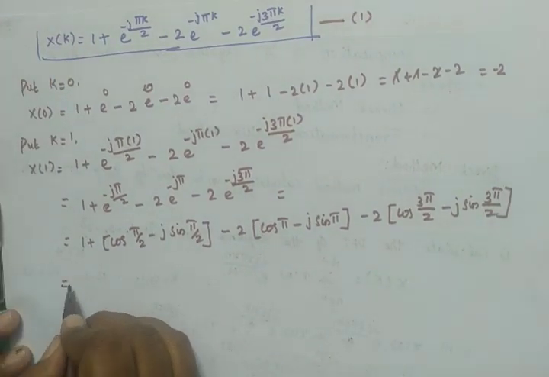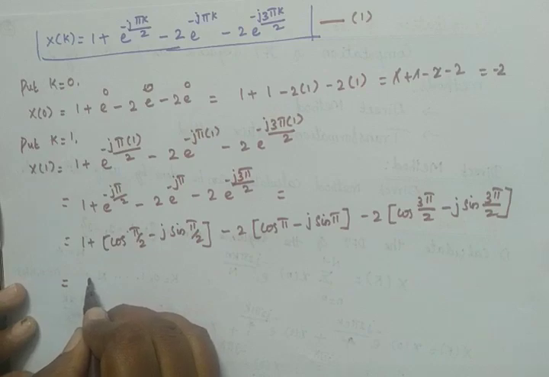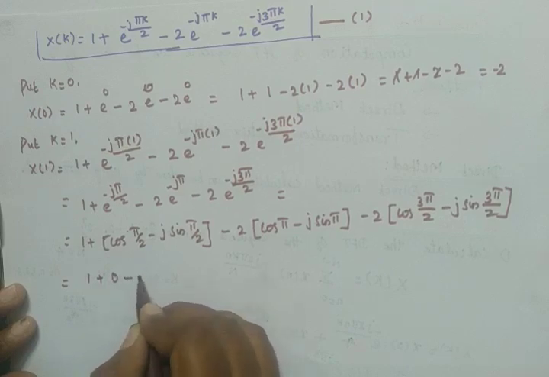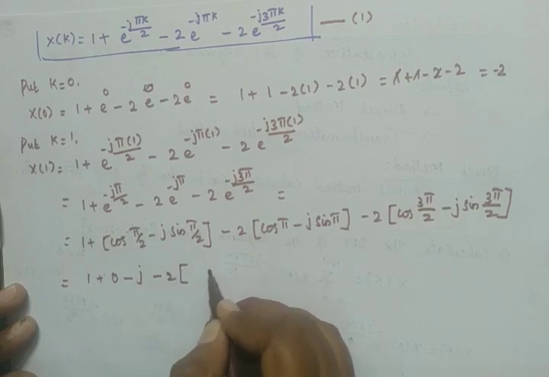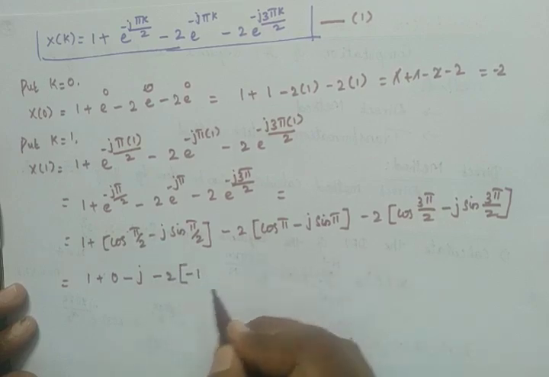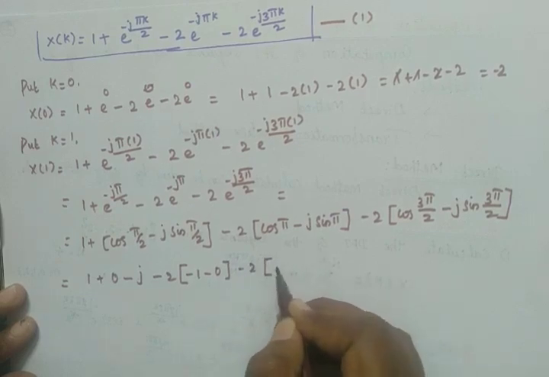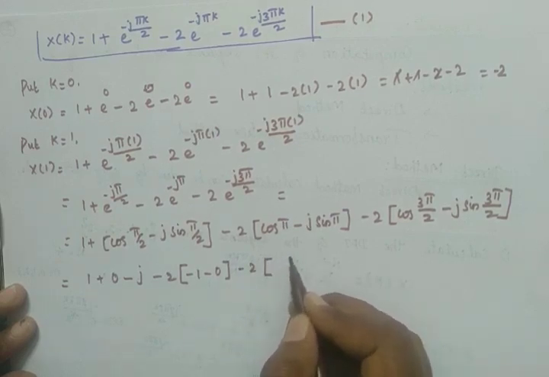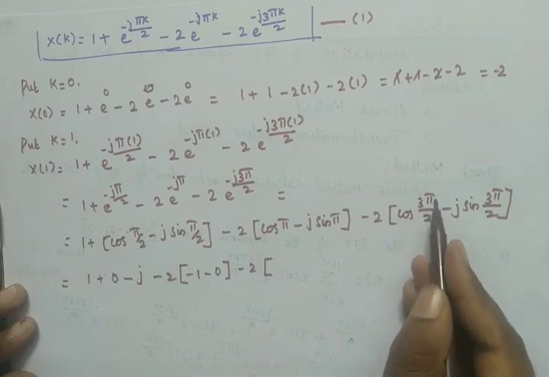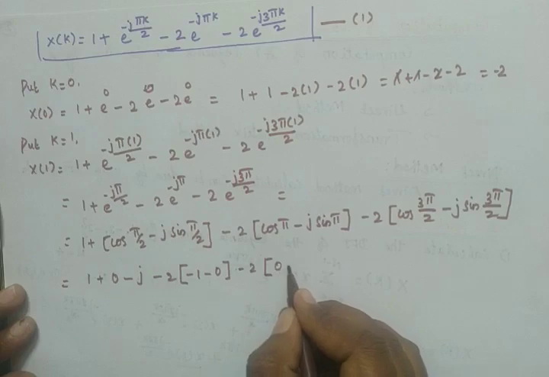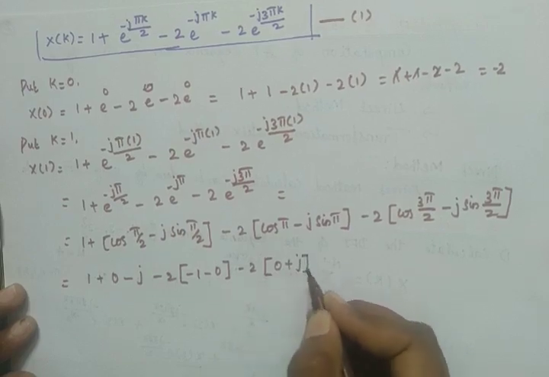Now substitute the values. We know the values. So 1 plus cos 90 is 0 and sin 90 is 1, so minus 1 j, minus 2 into cos 180 is minus 1 and sin is 0, minus 2 into cos 3 into 180, which is equal to 540, that is 270. So cos 270 will be 0, plus j.